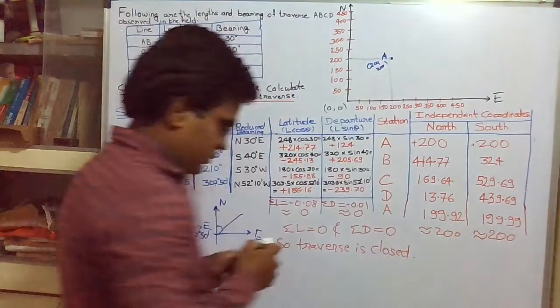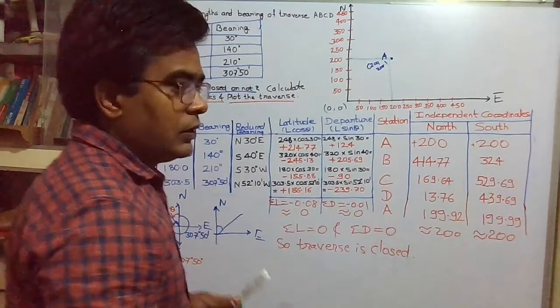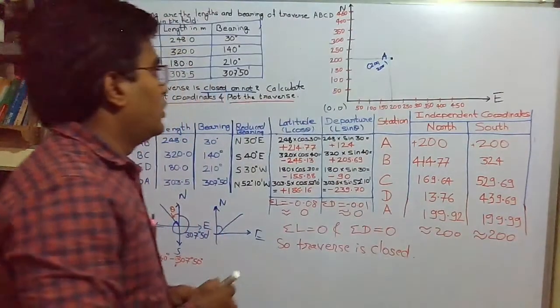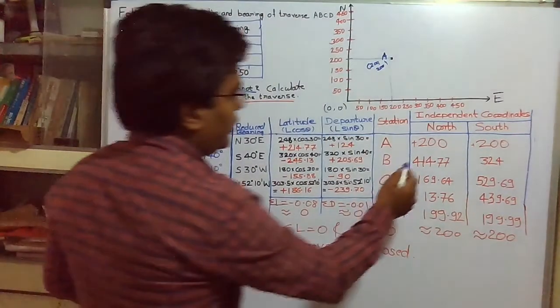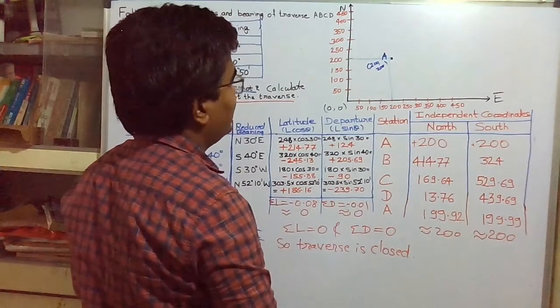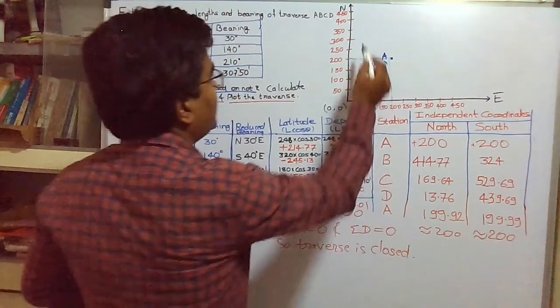Then we'll see the next coordinate, point B, that is 414.77. This is north. 414.